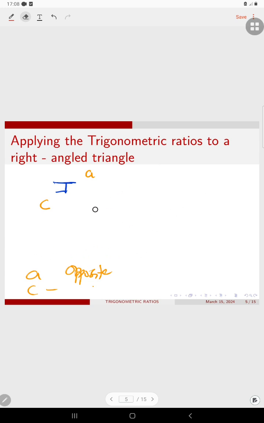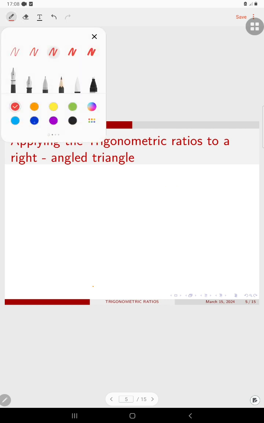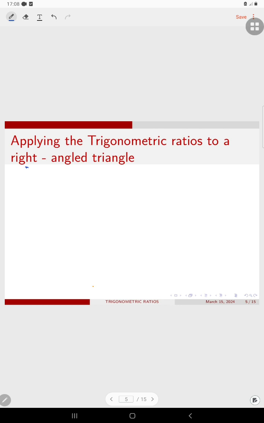We are going to learn how to apply these trigonometric ratios to a right angle triangle. What are these ratios? Don't forget, the trigonometric ratios are sine, cosine, tangent.